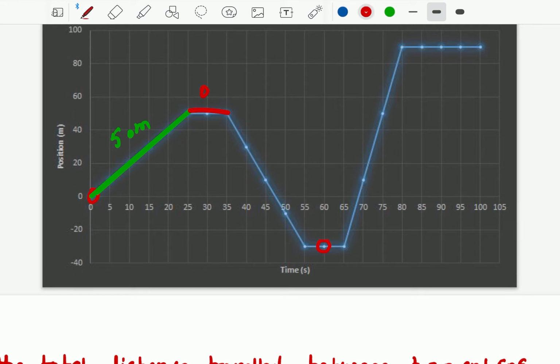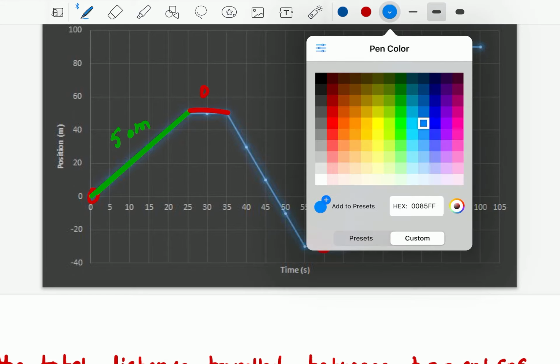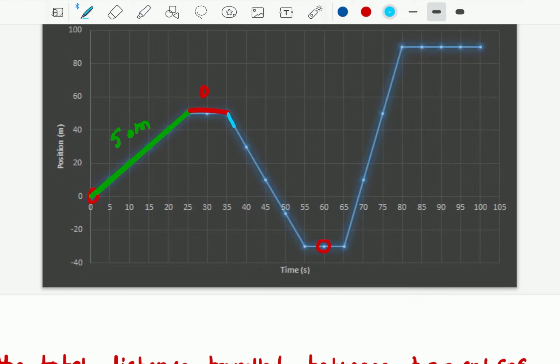From this location to here, the distance traveled is 50 here, and here it is 30. So in this case it has traveled 80 meter. And from this point to this point, there is no distance traveled.